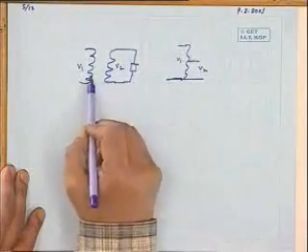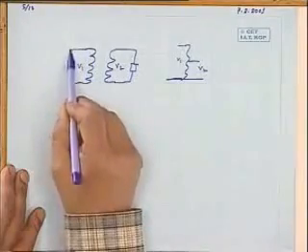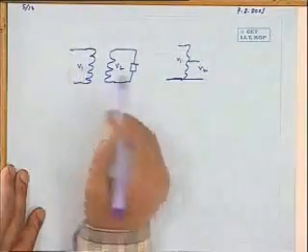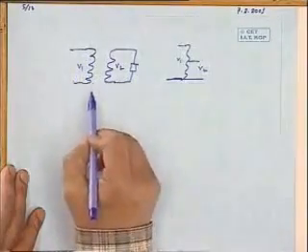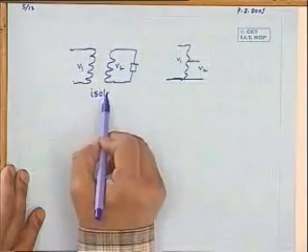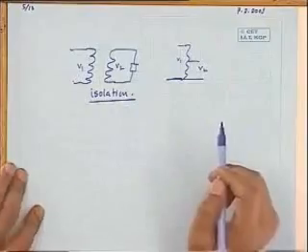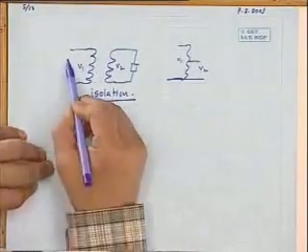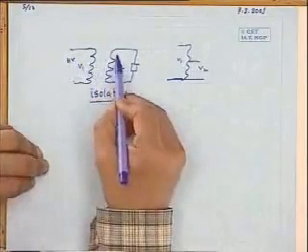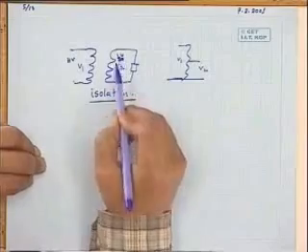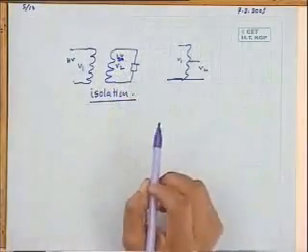Now as you can see in this connection, the load side is totally isolated from the primary side. Isolation is present. That is, this could be the high voltage side, this is, suppose, the low voltage side.